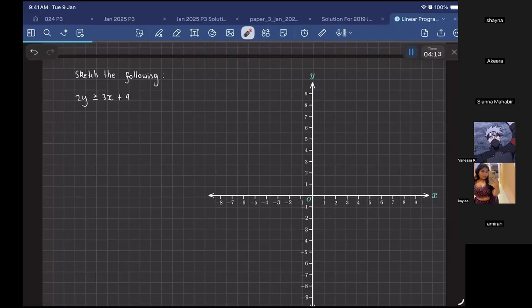Right. So Amira, did you understand these steps? Yes, sir. All right, so Amira, you do the question. Do you have graph paper? Yes, sir, but I don't have a graph book right now. But you have graph paper? Okay, that's fine.